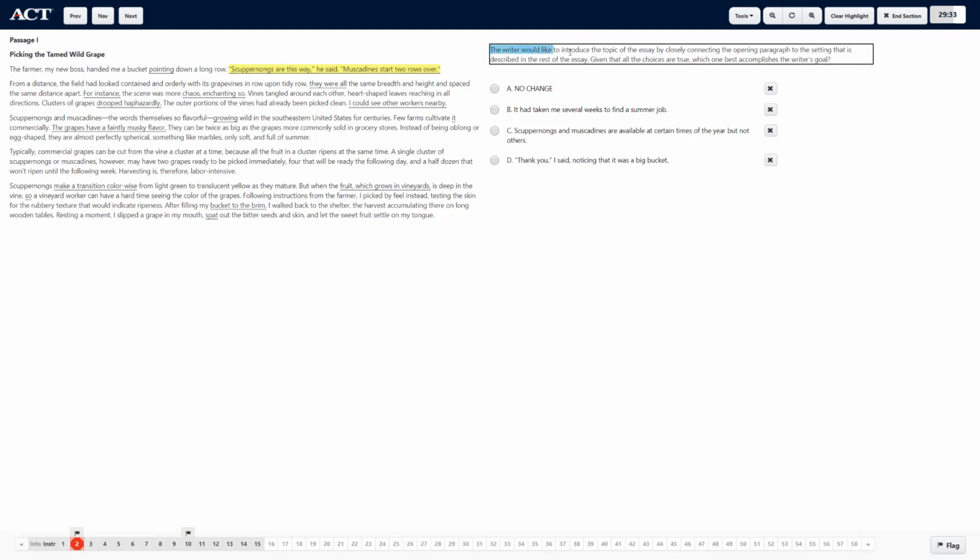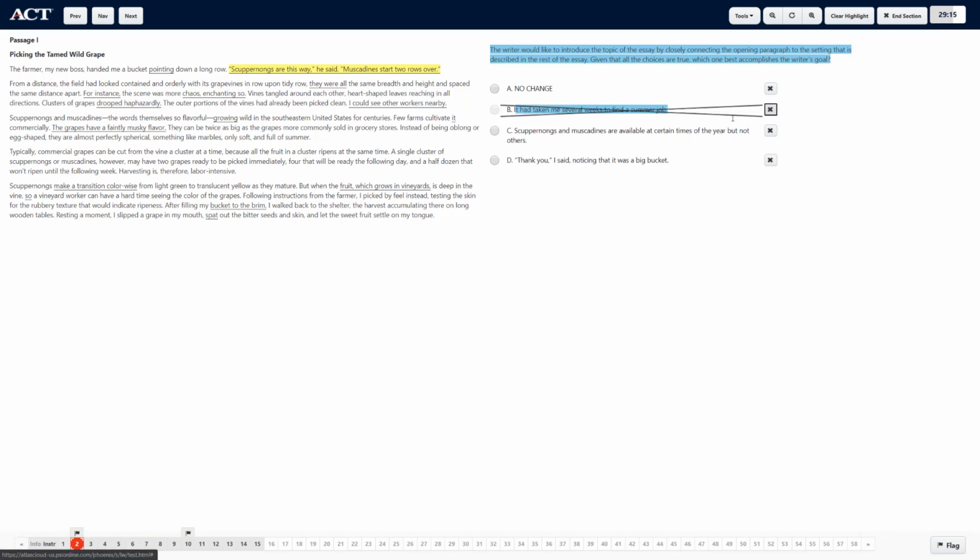So the writer would like to introduce the topic of the essay by closely connecting the opening paragraph to the setting that is described in the rest of the essay. So the rest of the essay is all about describing scuppernongs and muscadines. So option A is correct. We can see that option B is not relevant to the whole grape theme.